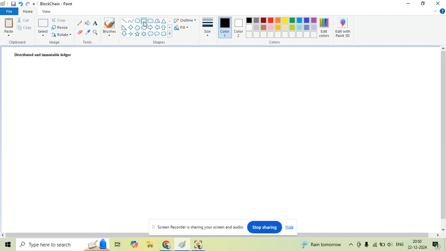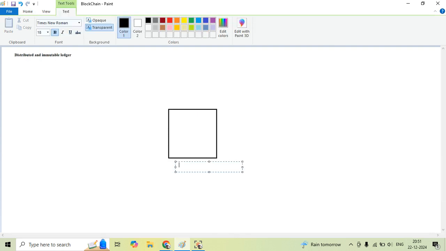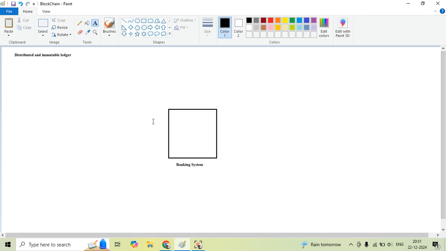So, I would like to explain this using the following diagram. For example, we look at a banking system, and this banking system has a centralized authority. The records of the transactions are present in this centralized authority.